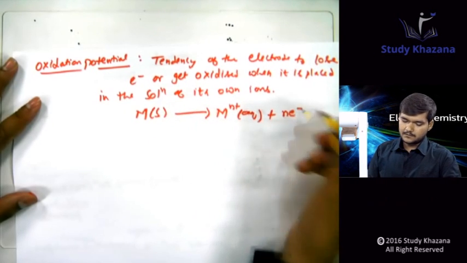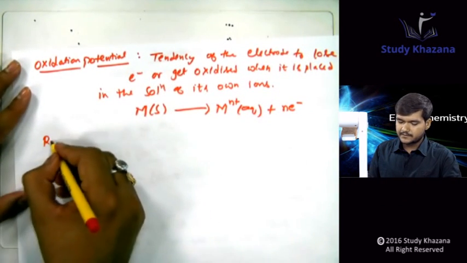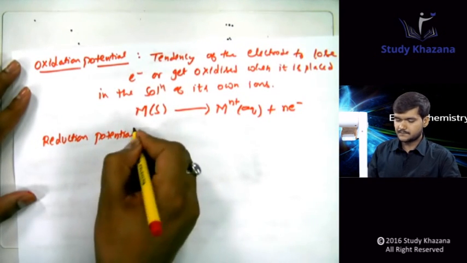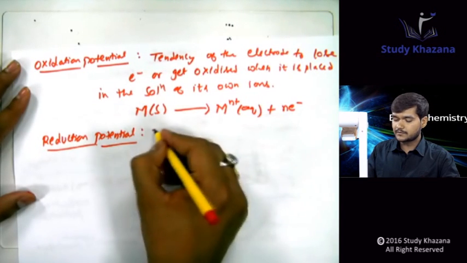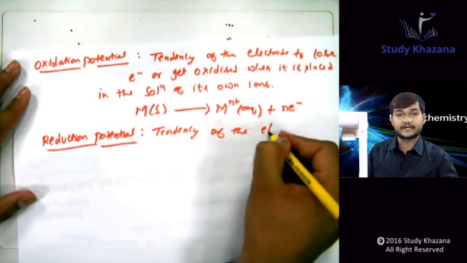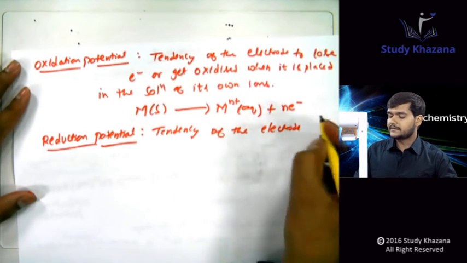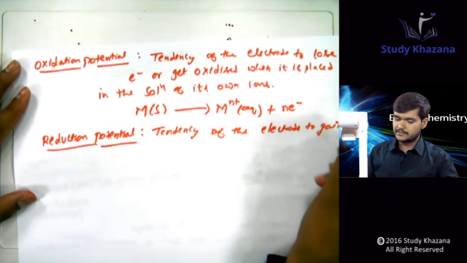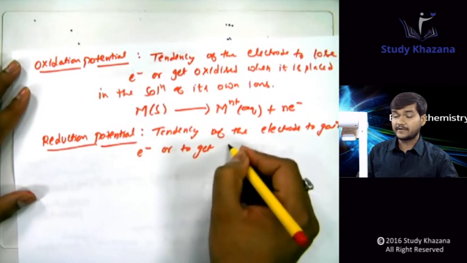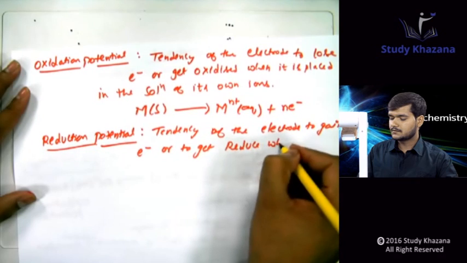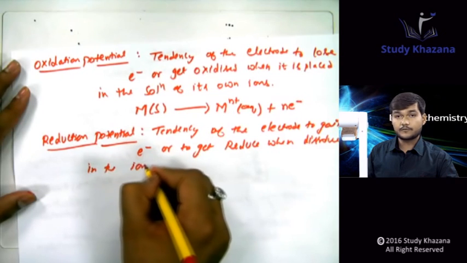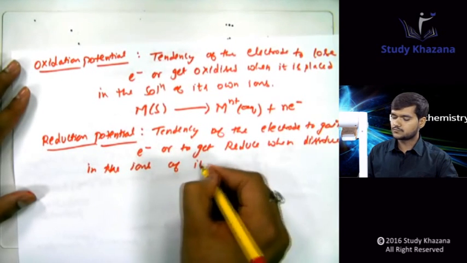Now what is the reduction potential? Again it is a tendency. It is the tendency of the electrode to gain electrons, if reduction is there, or to get reduced when dissolved in the ions of its own solution.